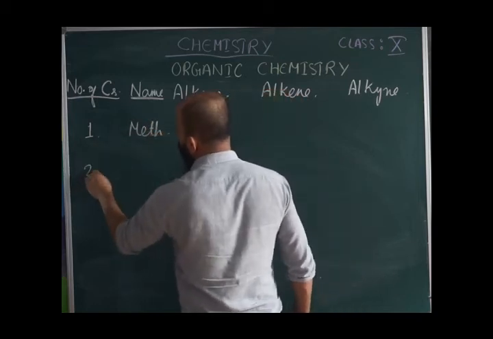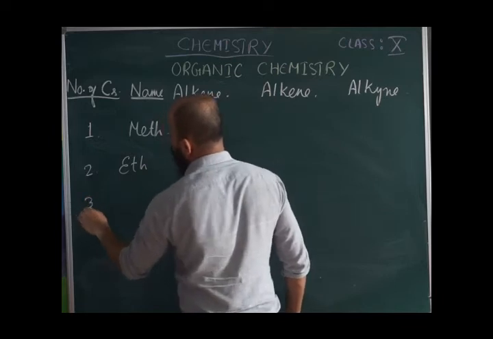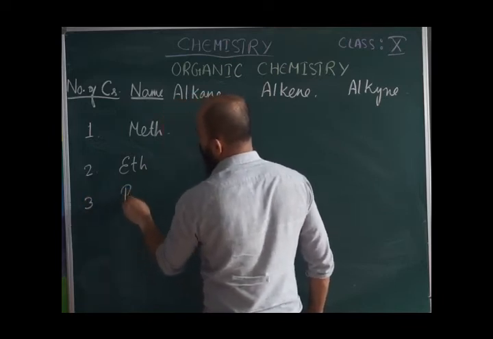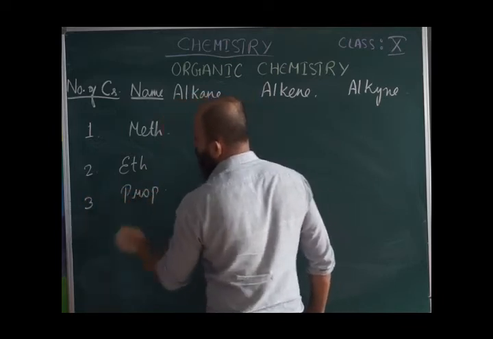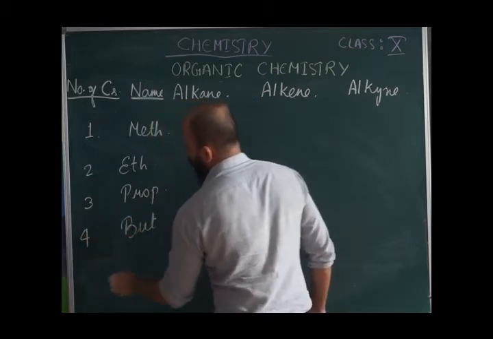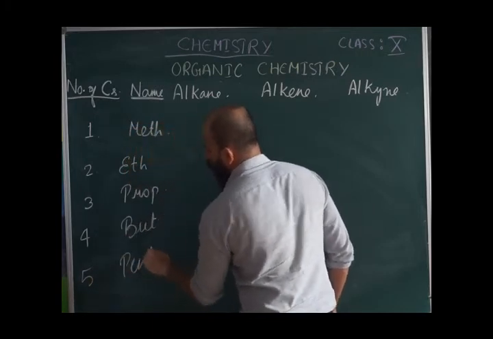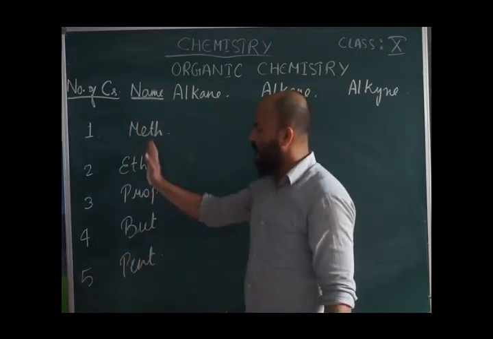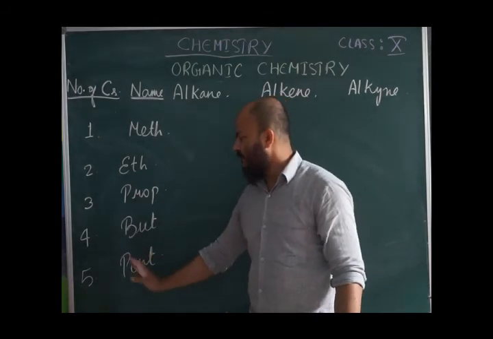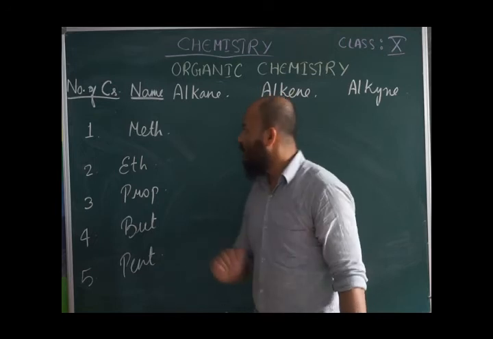If 2, then it is eth. You have to remember this portion. If it is 3, then it becomes prop. If it is 4, it becomes but. And if it is 5, it is pent. Others are also there. So if you remember this, for the beginning, you will be able to understand further.